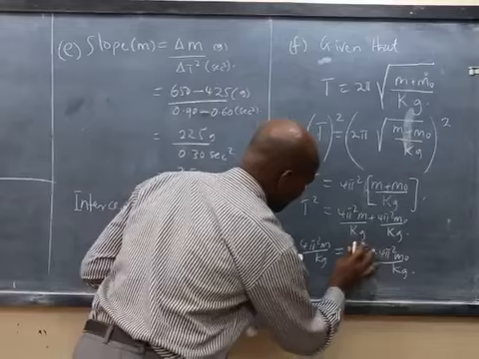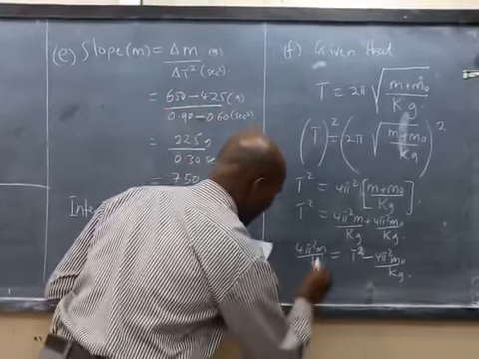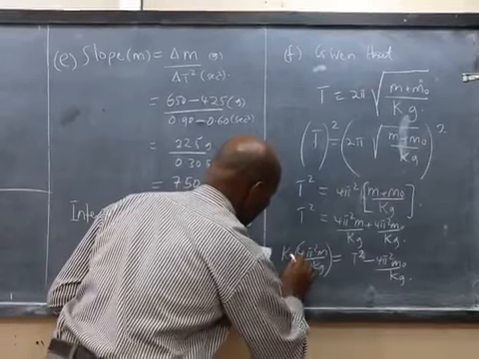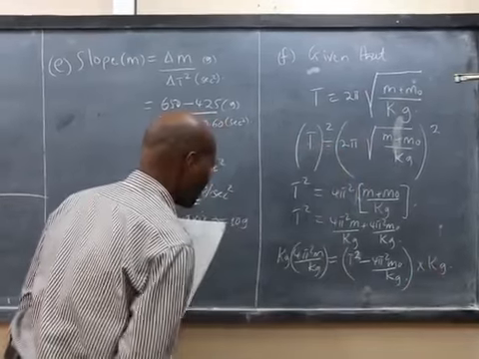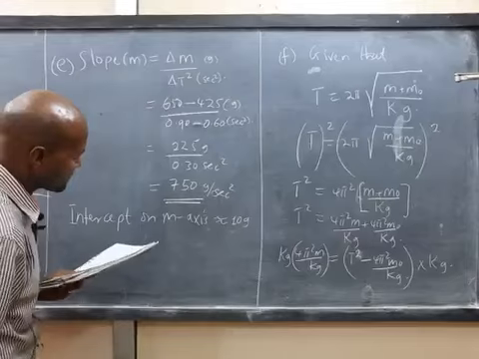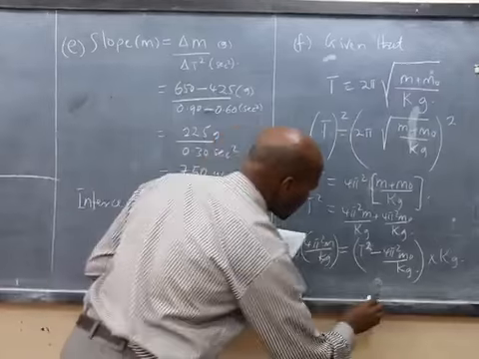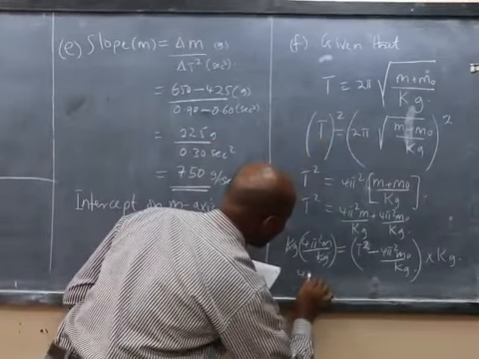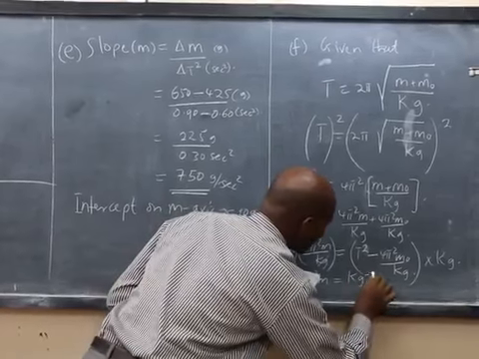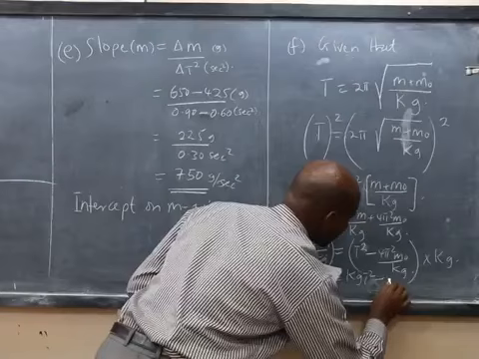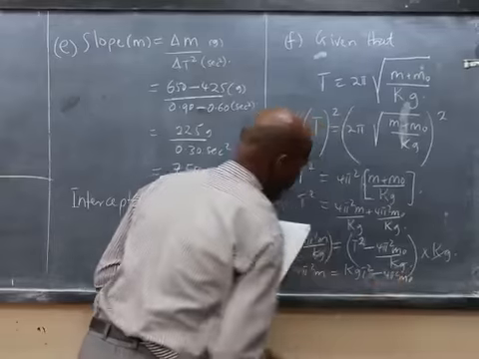Now multiplying by kg on both sides, this one cancels, that is 4 pi squared m equals kg T squared minus 4 pi squared m naught, because this one cancels with this one.